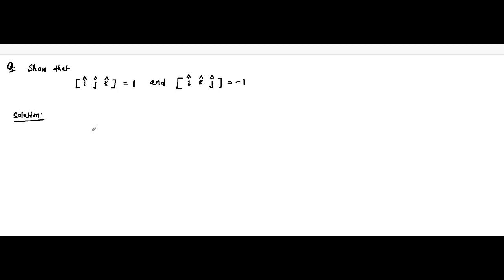So if we consider the first one, i vector, j vector, k vector, we can write it as i vector dot j vector cross k cap. Okay, i cap dot j cap cross k cap. These are all unit vectors.